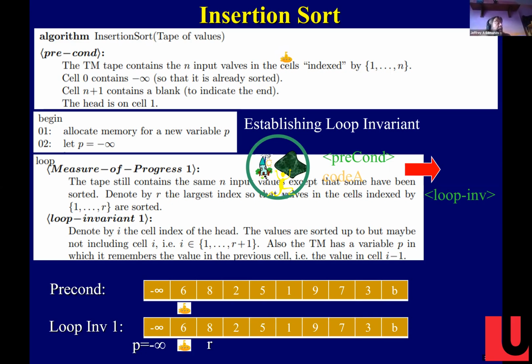And then in 3101, you'll have to prove that if the precondition's true and you do this code, then you're going to establish the loop invariant. That's what you're going to do in 3101. But in this assignment, you don't have to prove anything. You don't have to understand anything. You have to translate it into Turing code.